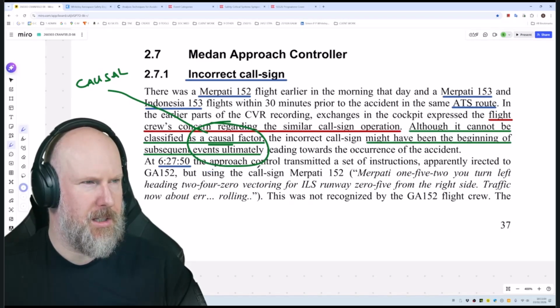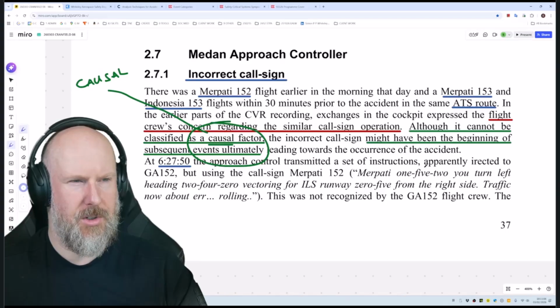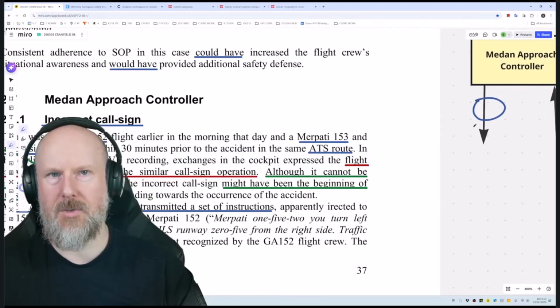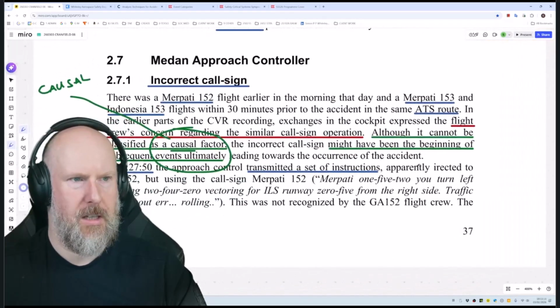Anyway, so at 062750, the approach control transmitted a set of instructions. So you could say transmitted a set of instructions is a control action of some description.